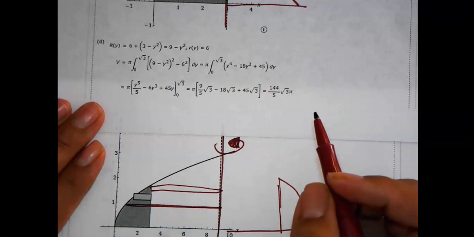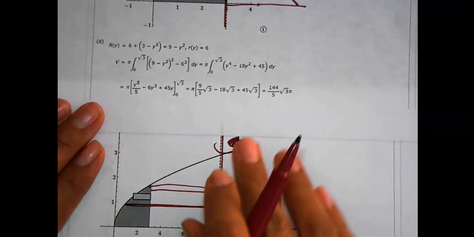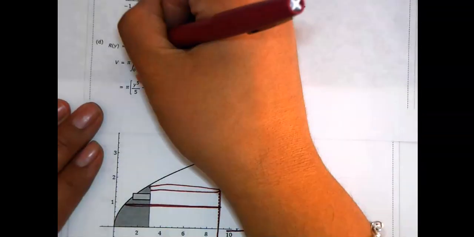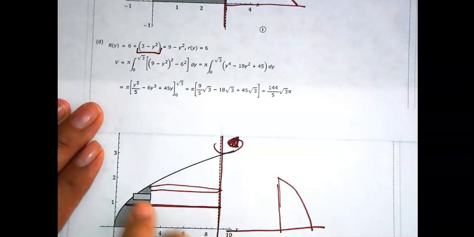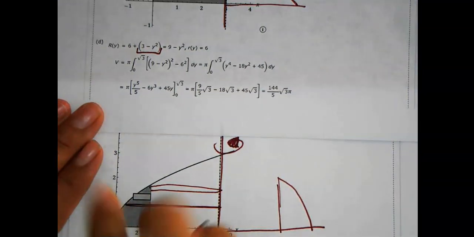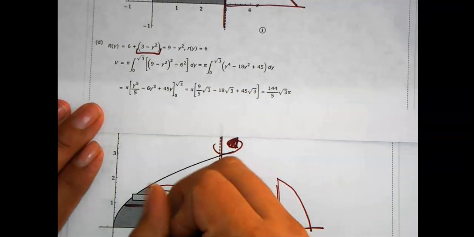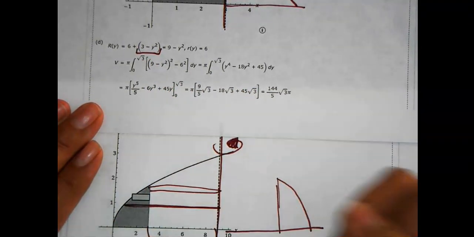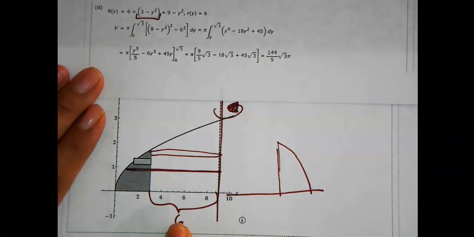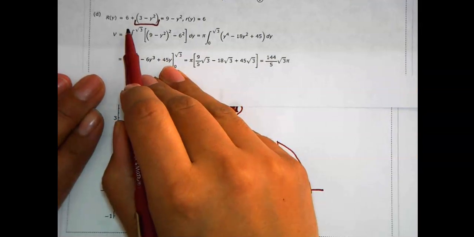So what are we going to do? Similar to the one earlier, this right here is the radius we got earlier. Remember that it was 3 minus y squared. We're adding 6 because from here to here there are 6 units, and that's where they're adding that 6 to the radius.